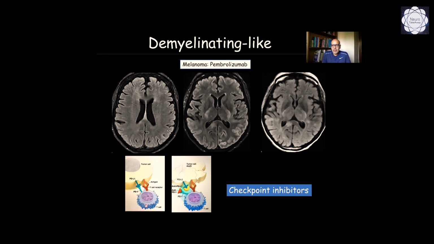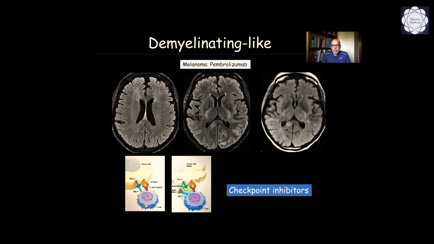So this may produce a demyelinating disorder in some patients, in some vulnerable patients, for example, those that harbor some autoimmune disorder such as MS or other connective tissue disorders. And sometimes you can see an autoimmune encephalitis in this setting.